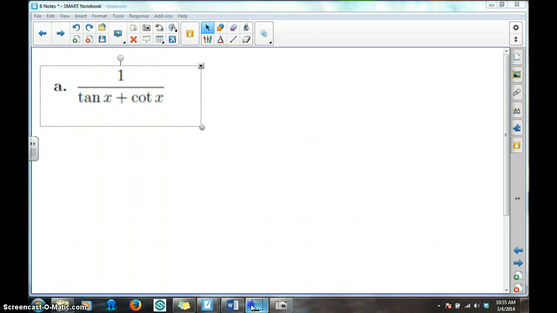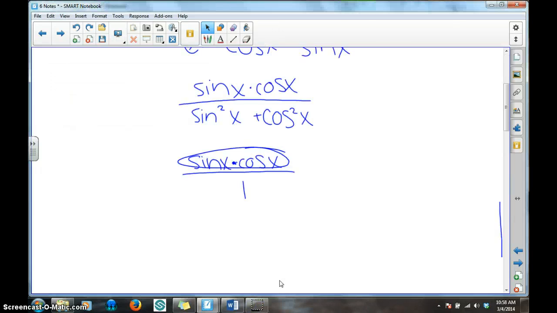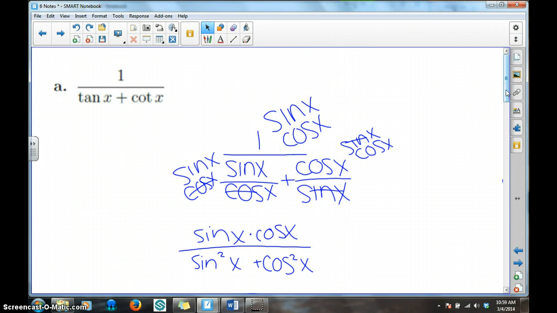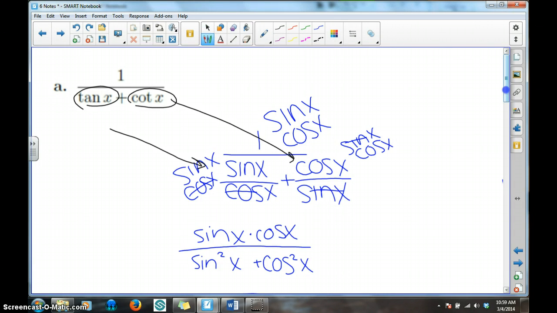Okay, this one got a little bit trickier, and it was largely because of your algebra rules. You did have to change this tangent to a sine over cosine, and this cotangent to a cosine over sine. You had to then find a common denominator. The issue with finding a common denominator for a complex fraction is you need to put that common denominator both in the numerator and in the denominator.